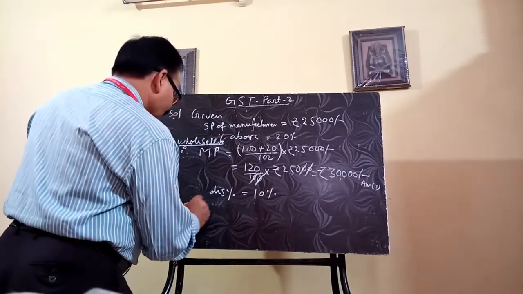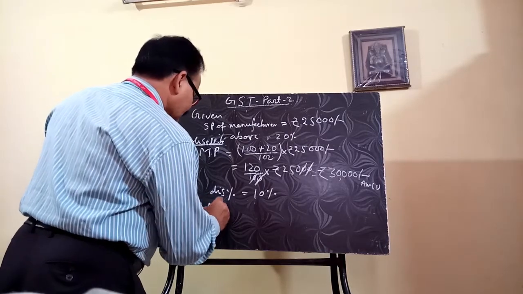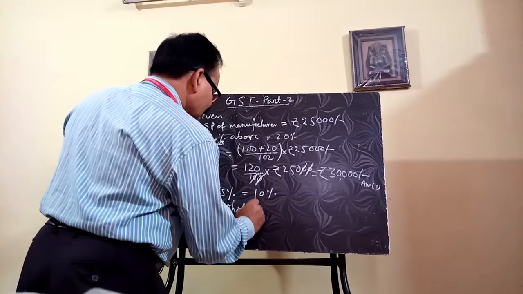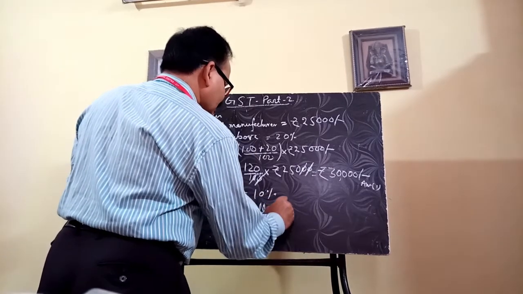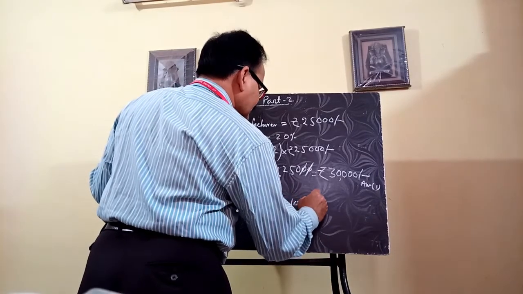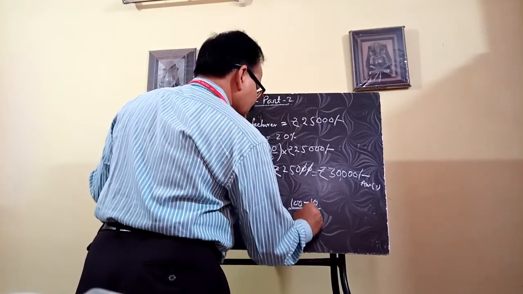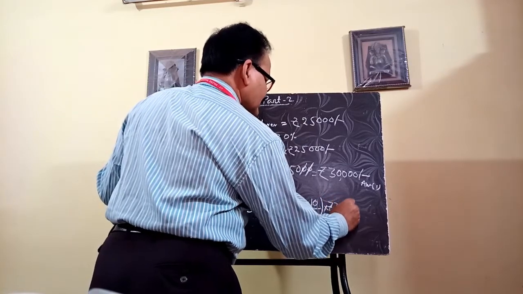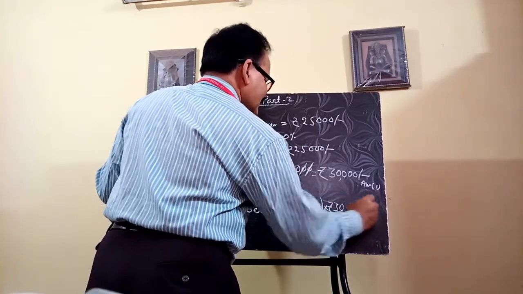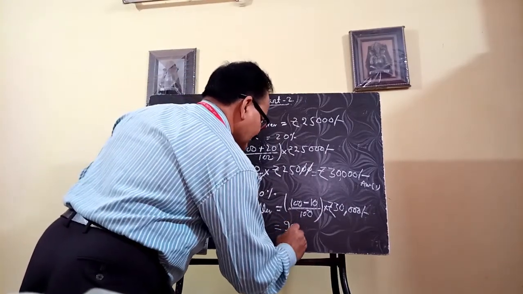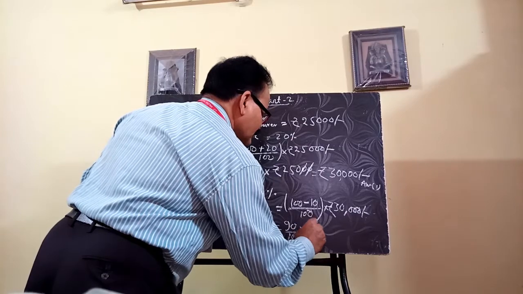Therefore the SP of the wholesaler is (100 minus 10) by 100 into rupees 30,000. That means this is 90 by 100 into 30,000.